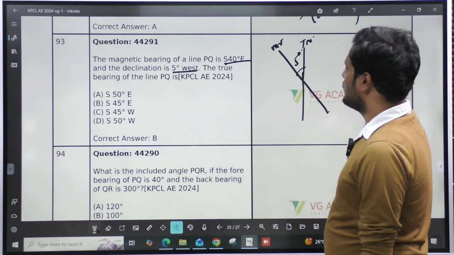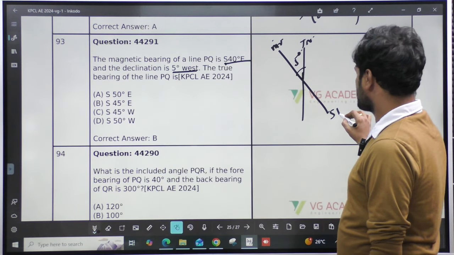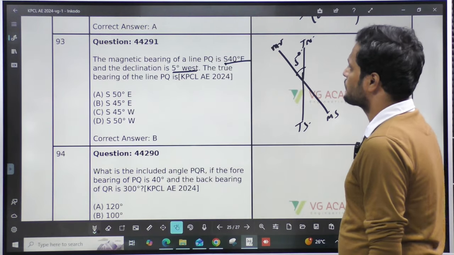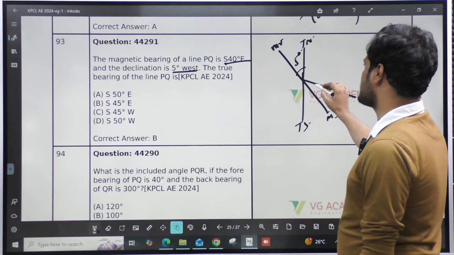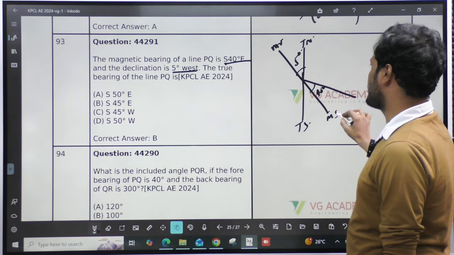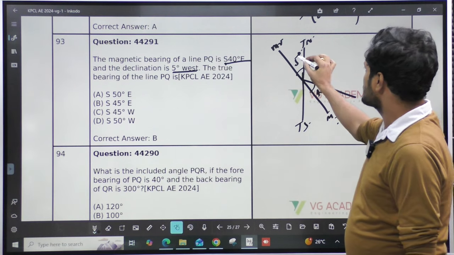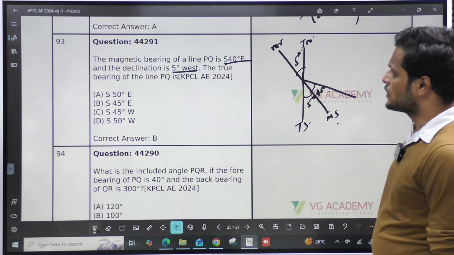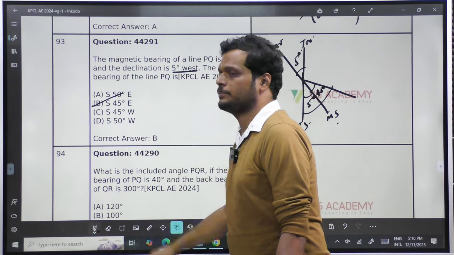Given the bearing, if this is magnetic north, this will be the magnetic south and this will be true south. The magnetic bearing is south 40 degrees east, so with respect to magnetic south only we have to draw this. This is 5, so this also will be 5. So the true bearing of the line will be 45. B.